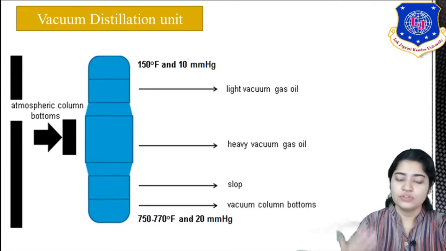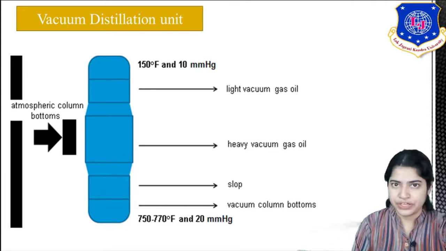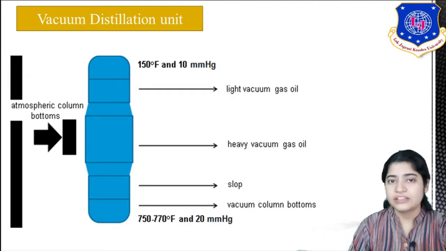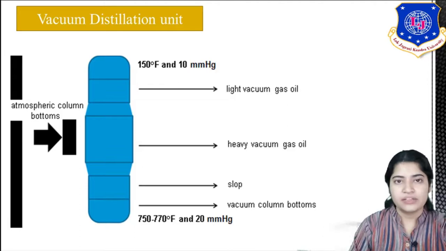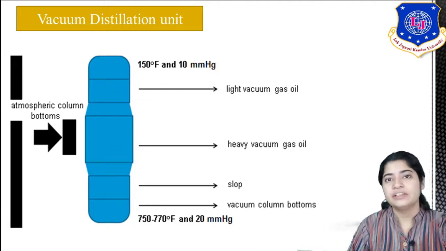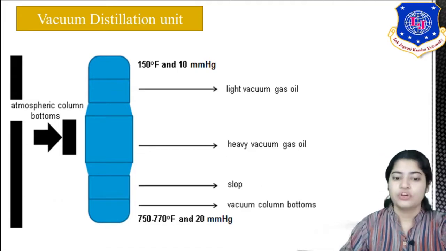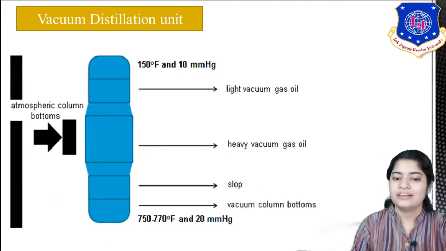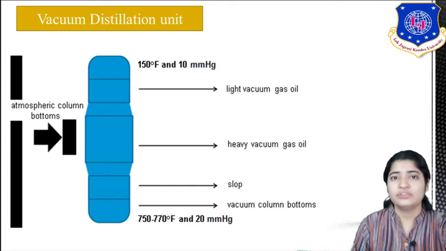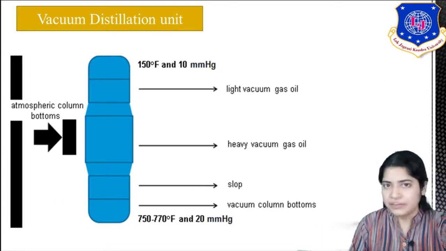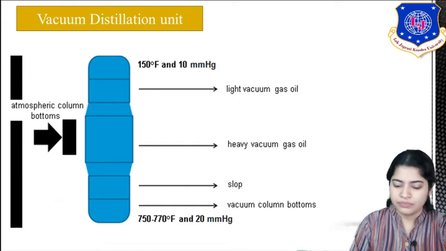As you decrease the operating pressure, the boiling point also decreases, and based on this you can further vaporize certain fractions of your residue. The fractions you get are light vacuum gas oil, heavy vacuum gas oil, lube oil, etc. These are the 3 to 4 heavy fractions obtained from VDU.